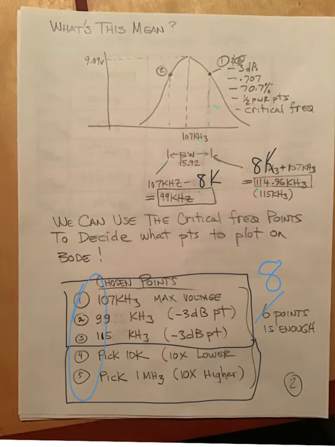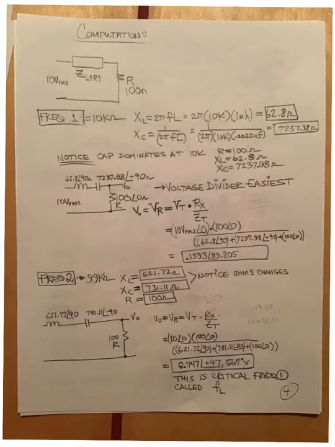We're going to compute exactly what's happening in the circuit at the given frequencies and calculate the output voltages, and then we'll draw a Bode plot. When I got done with the circuit, I was a lot happier picking a couple of extra points, so in the end, we'll use 8 points to draw a Bode plot.